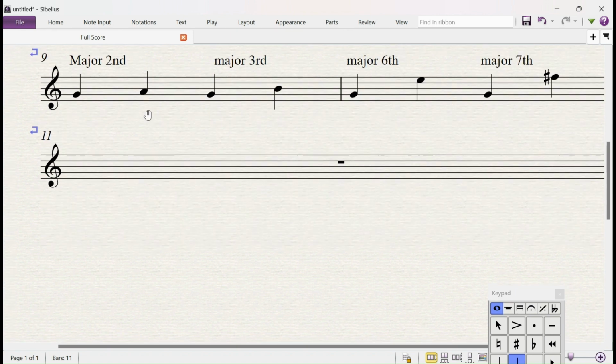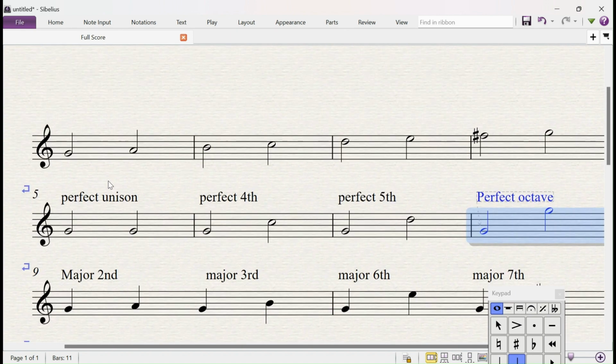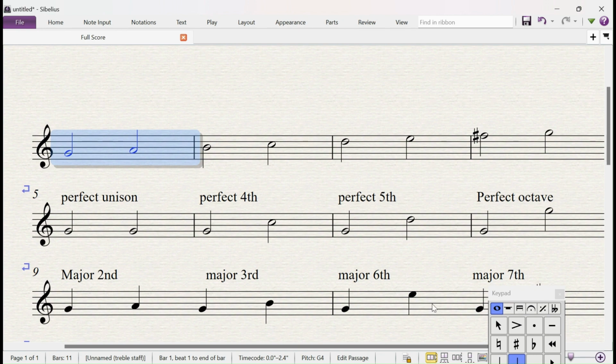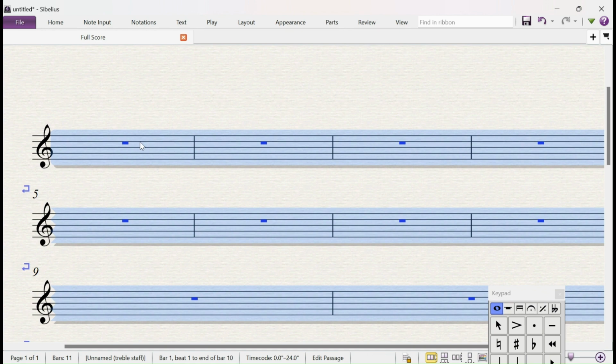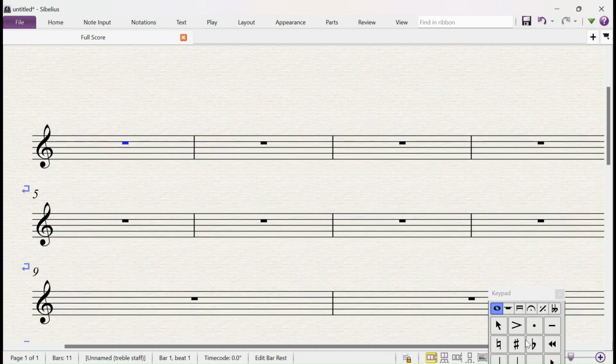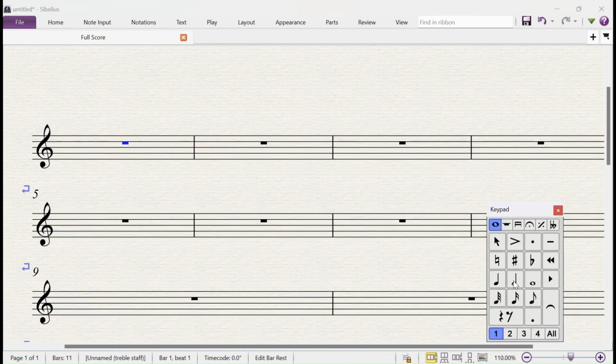Let me do one that has nothing to do with G major. So let's delete this. And my lowest note, I'm going to make it an E. And my interval is going to be here.